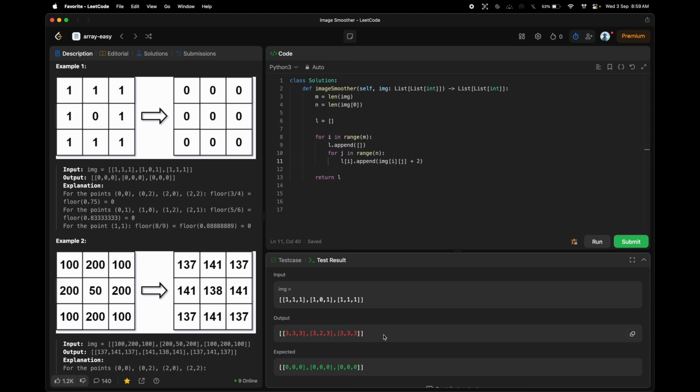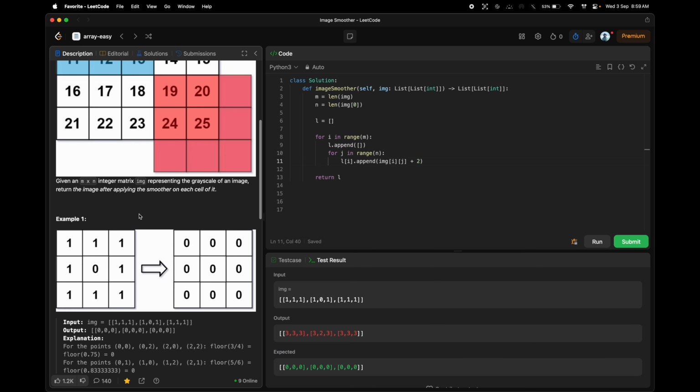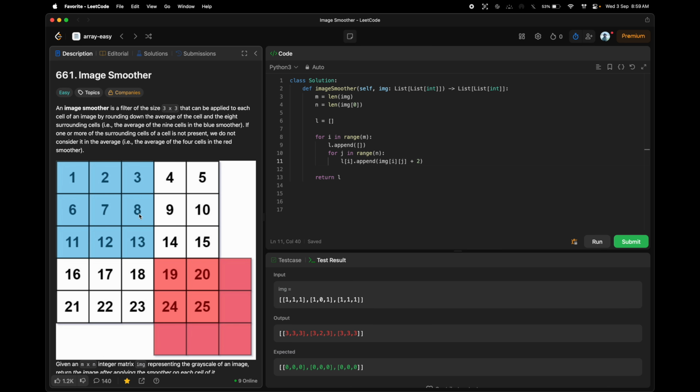Okay, now the only thing left is to get the surrounding of it. So instead of only this, let's try to do something. Okay, so this is center. j plus 1 would be what?